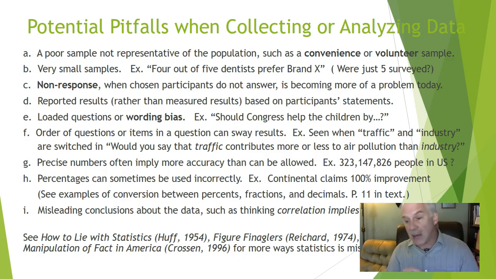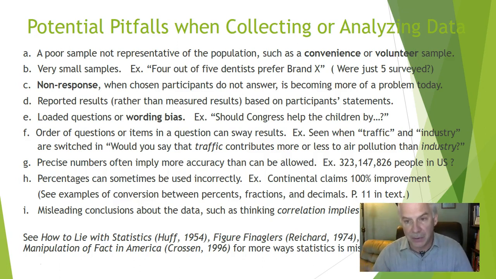Another pitfall is having really small samples. 4 out of 5 dentists prefer brand X. Well, were just 5 people surveyed? How many were surveyed? It doesn't make it very valid if only a few were in the sample. Non-response. Now, non-response means that you've randomly picked a person and asked them to participate, but they didn't want to respond.